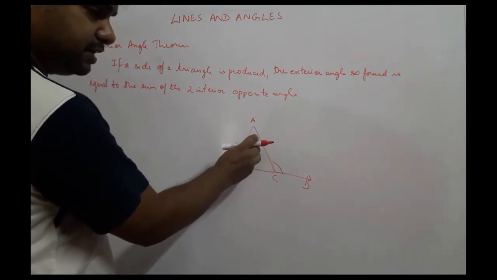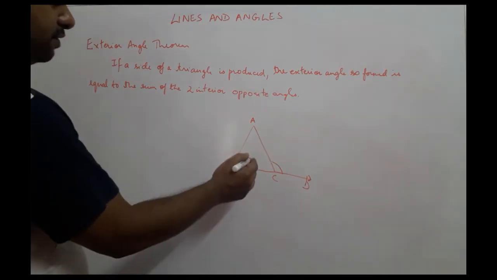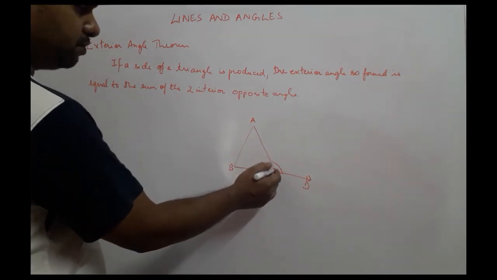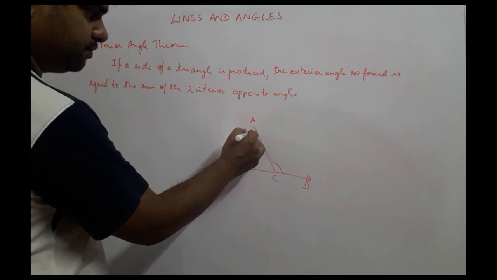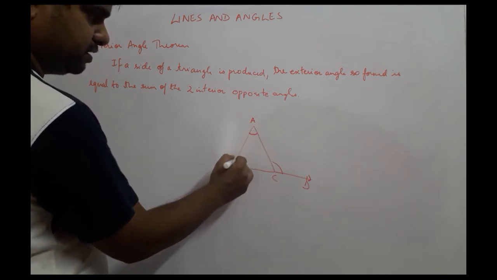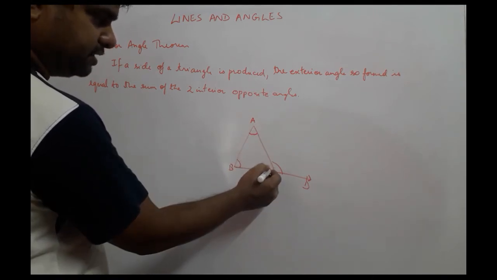Interior means inside the triangle, and it will be the two opposite. So which are the angles opposite to this angle? This one and this one. This becomes the adjacent angle.